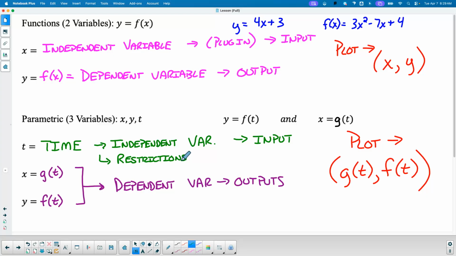Okay? T is not going to go on forever and ever. And most of the time, your parametric graphs are just portions of an actual graph that you would have normally seen. So there are no arrowheads on the ends of parametric graphs because they stop.